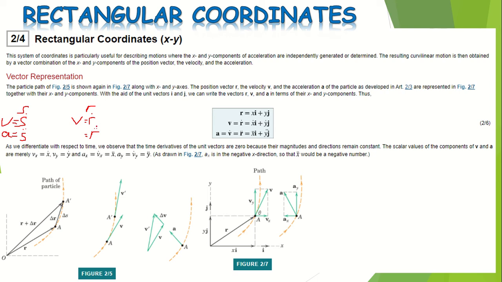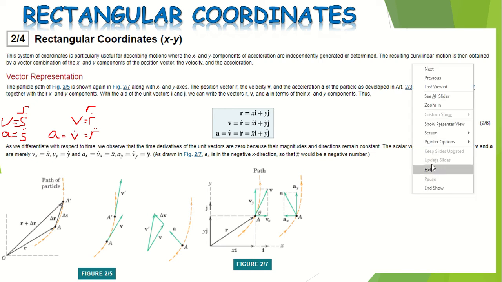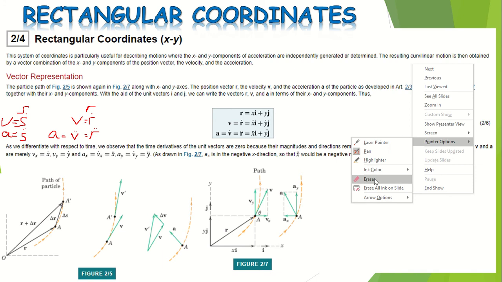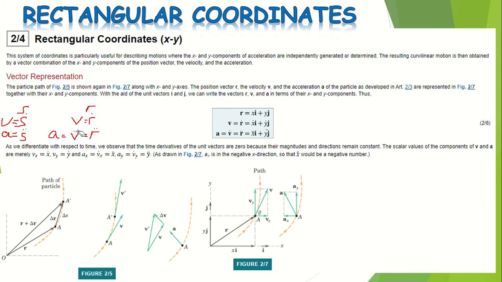So this would be our acceleration, which is equivalent to just the derivative of v, which is r dot. So the derivative of the velocity has only one dot here.